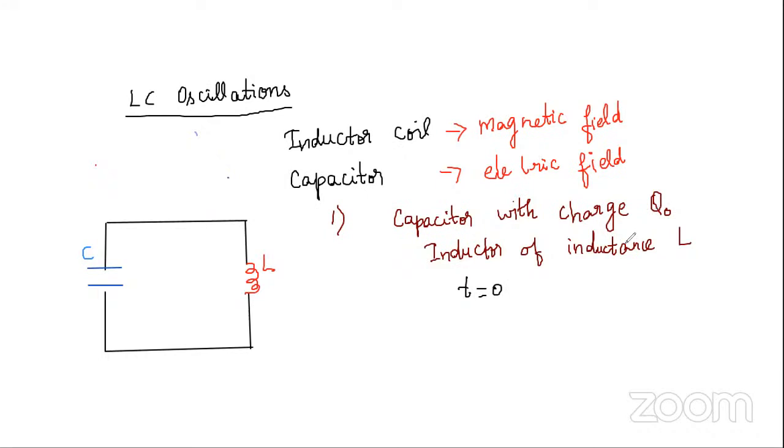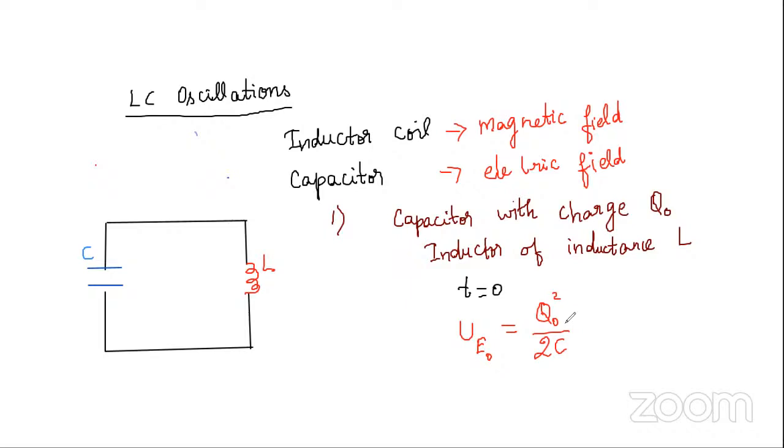That means your electric field energy, represented by U_E0, is at its maximum value. That is Q0 squared by 2C. Q squared by 2C is the expression for the energy stored in the capacitor. Here you are having the charge Q0, so the energy stored in the capacitor is now Q0 squared by 2C.